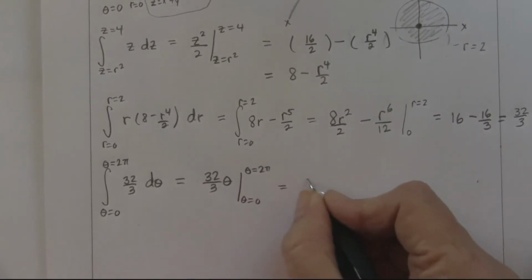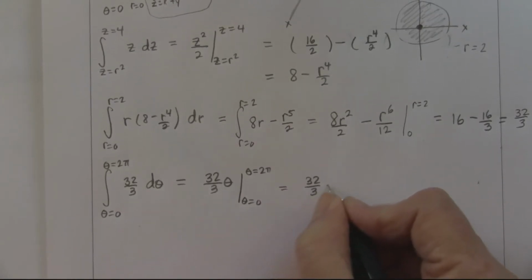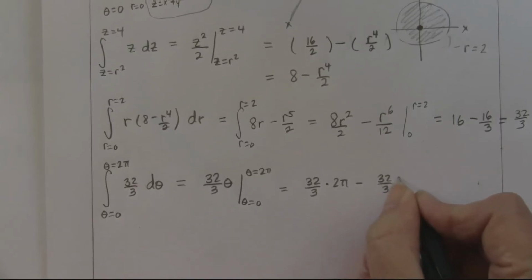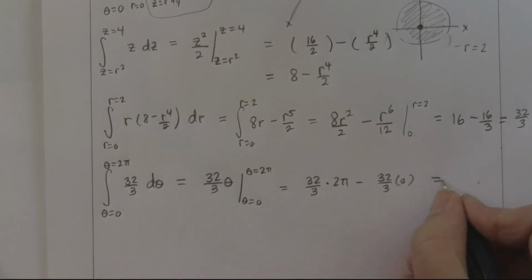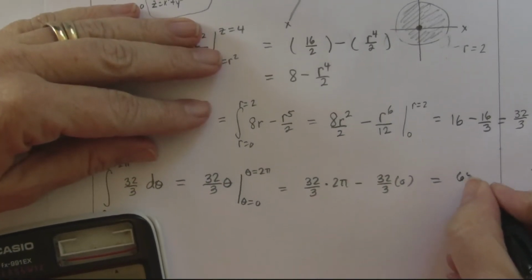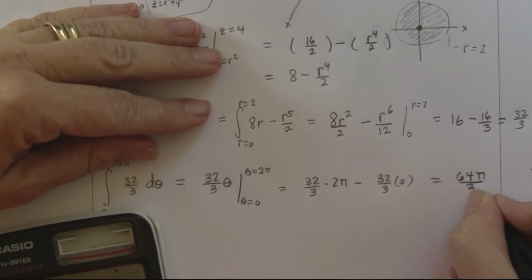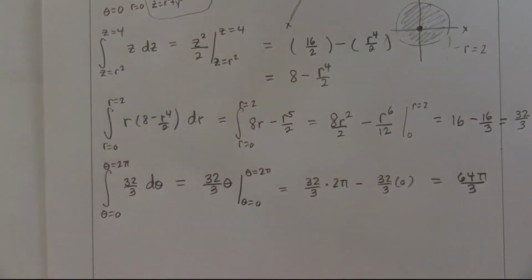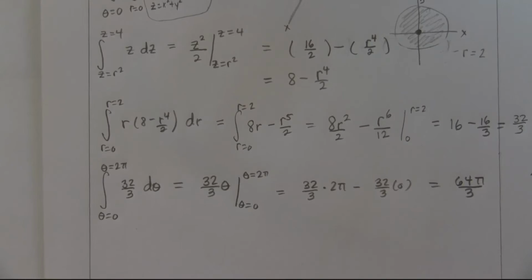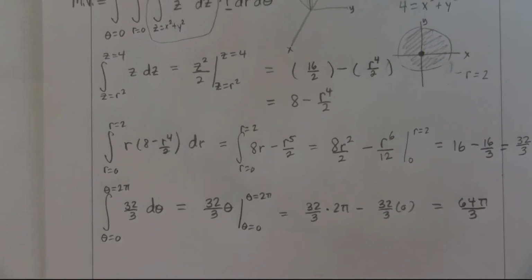So this is 32 over 3 times 2 pi minus 32 over 3 minus 0. So 64 pi over 3 is my answer there. So we did a nice job on that.